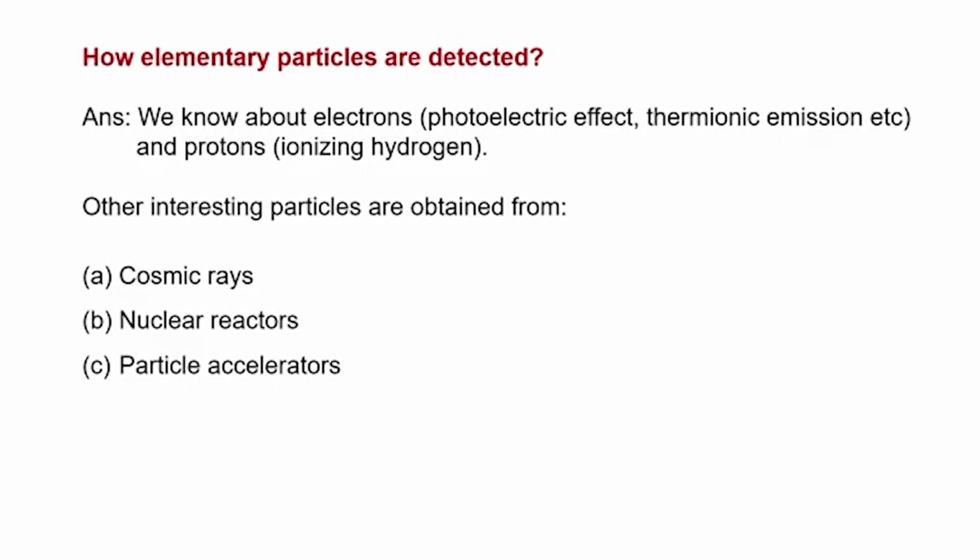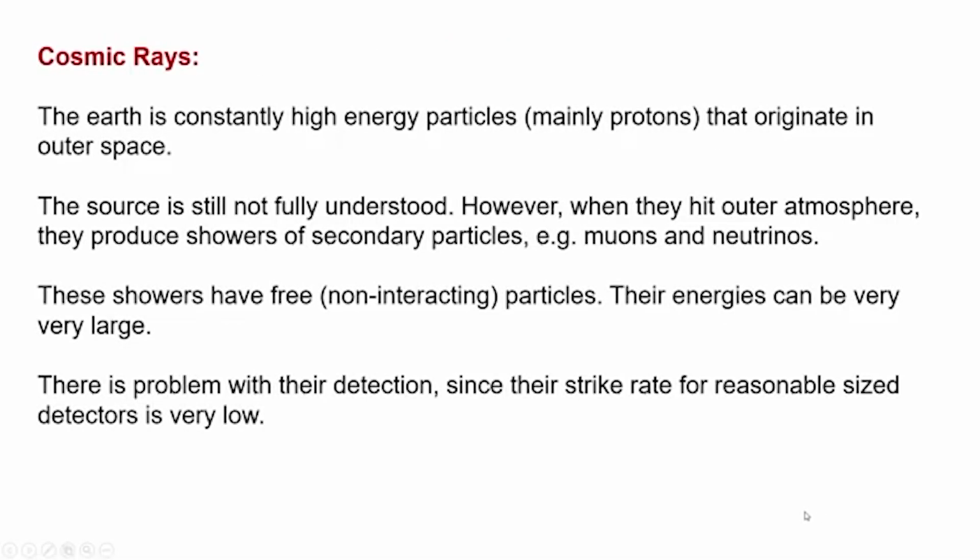Other interesting particles are obtained from cosmic rays, which are constantly penetrating each one of us. There are nuclear reactors and particle accelerators, and we will give a very short introduction to each of them. The earth is constantly bombarded by high energy particles, mainly protons, which are heavy particles that originate in outer space.